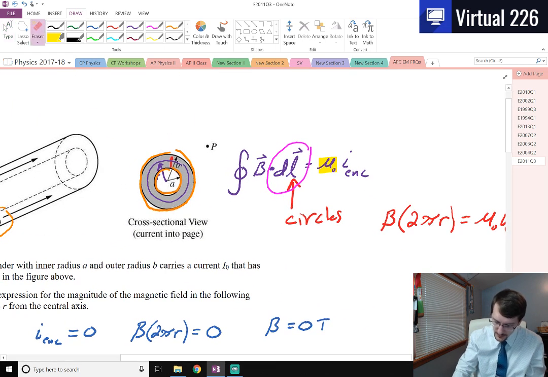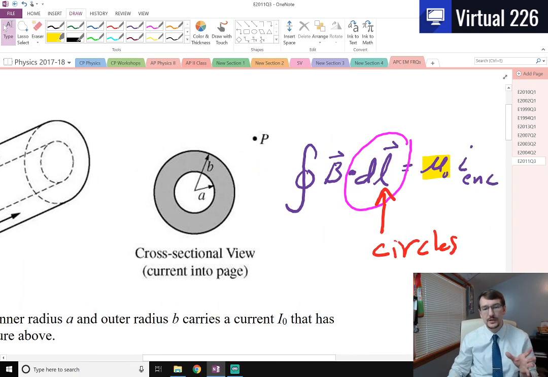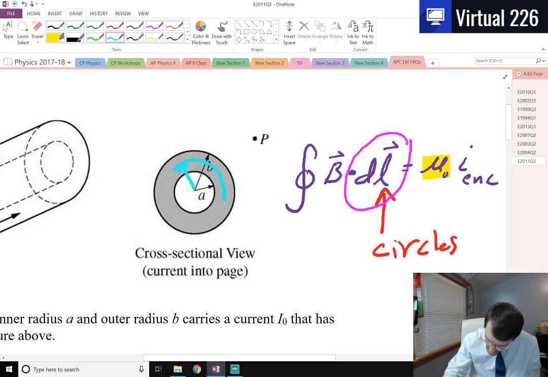If we go back up to our cross-sectional area picture, the area that we're enclosing is out to some distance r, because that's our Amperian loop, minus out to that distance a. So we're enclosing all of this in the middle.